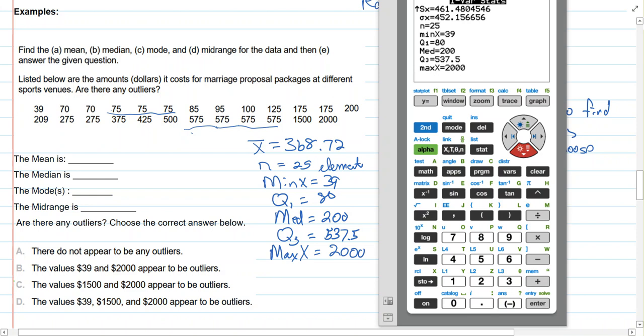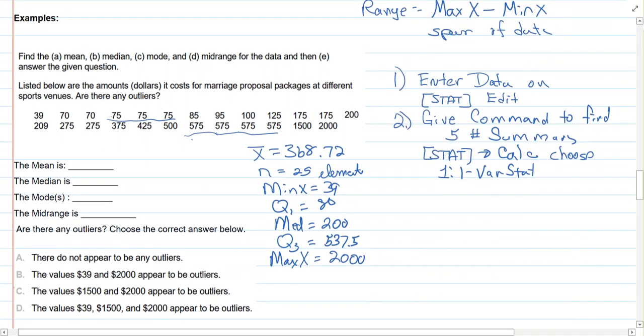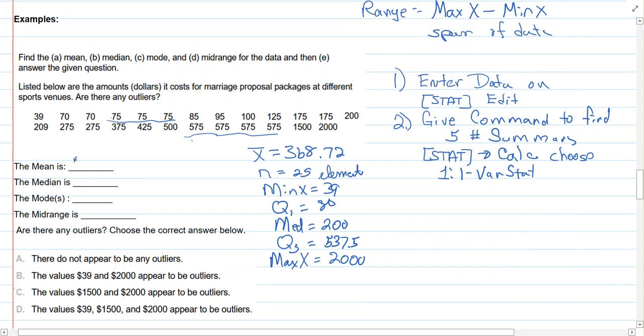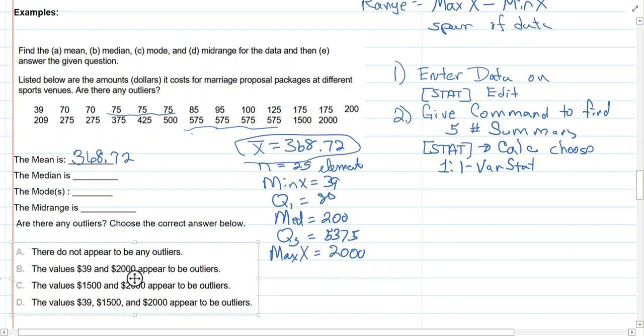All right, so we're going to put up the calculator for now. It asks, what is the mean? We're going to write 368 and 72 hundredths. So this is the mean. Then it asks median. Well, MED stands for the median.